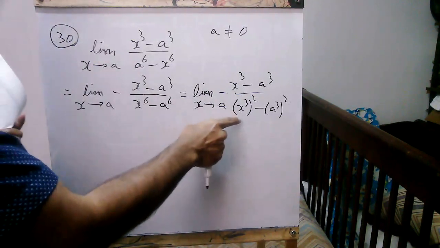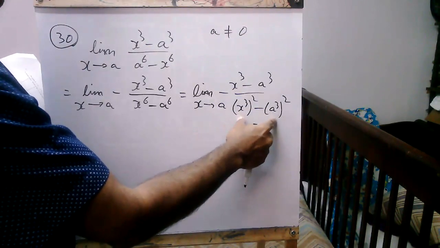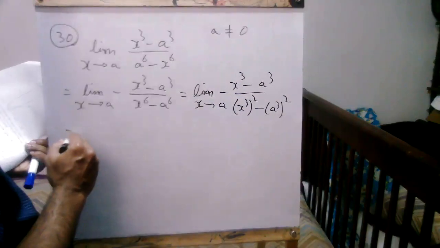So in that way we could make x to the power 3. Now this is a difference between two perfect squares.